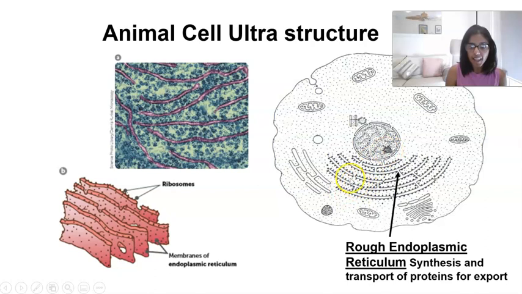So this endoplasmic reticulum is referred to as rough because it's studded with those ribosomes. And again, here's an electron micrograph showing you what that really looks like, and this is a cartoon image to help us visualize it. Now, the function of the rough endoplasmic reticulum is to help us synthesize or make proteins and to move them around the cell.